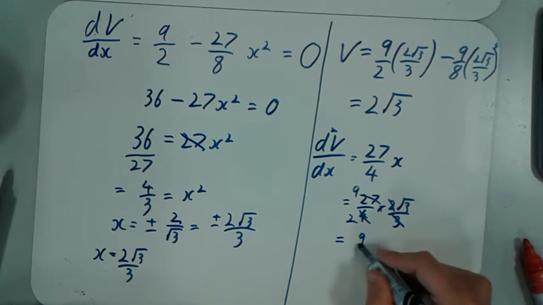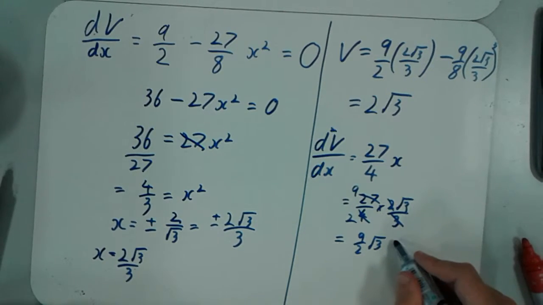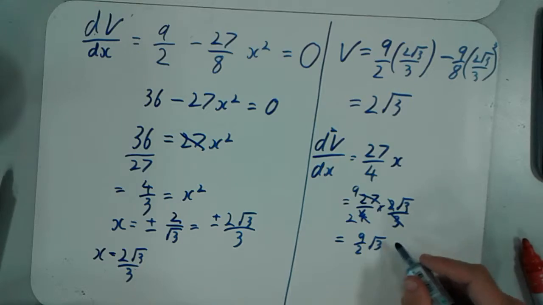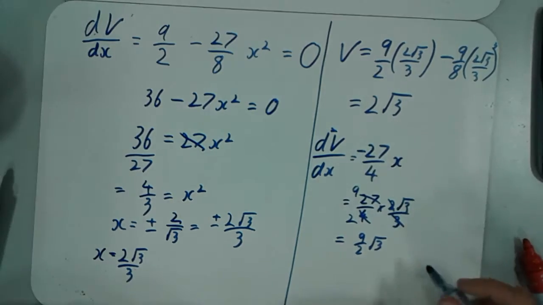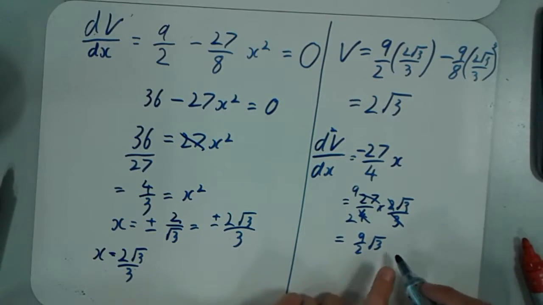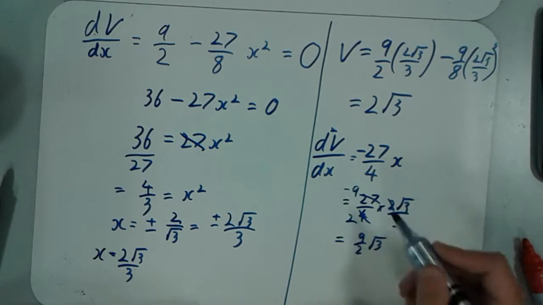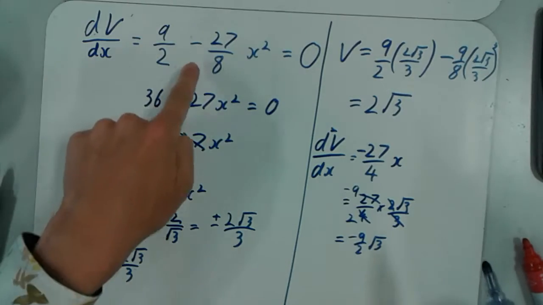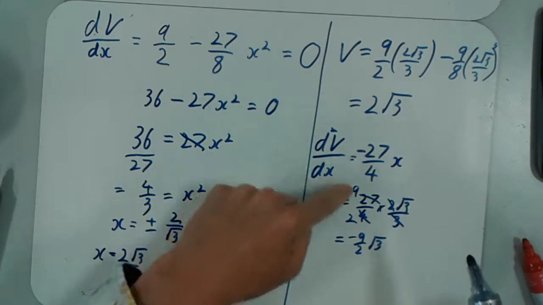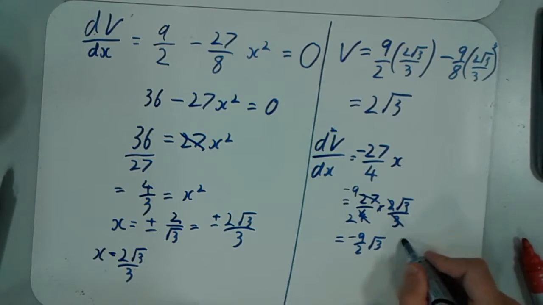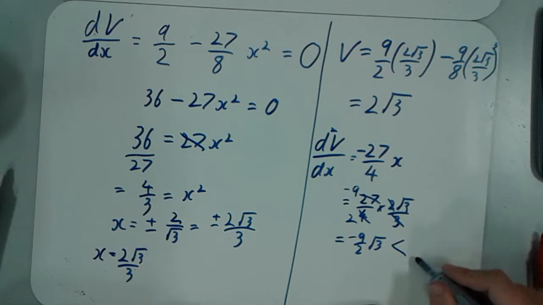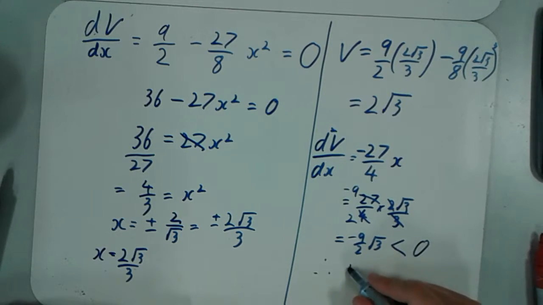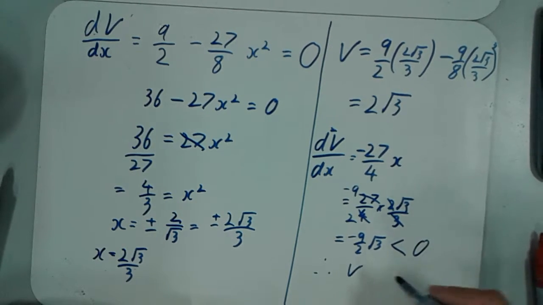That gives us 9 over 2 root 3, which is, I forgot my negative. I was about to say which is greater than 0, therefore we have a minimum. That let me know I had an error in my calculation because it wasn't what I was expecting. I look back, spot my error, and correct it. Now I can say that is less than 0, therefore v is a maximum.